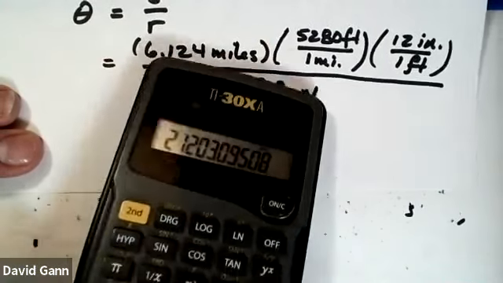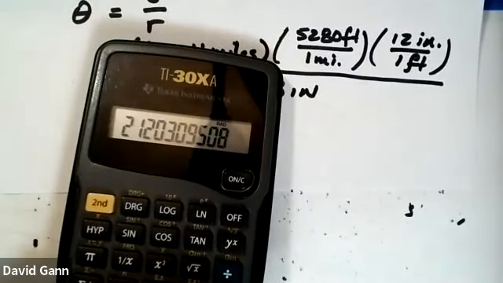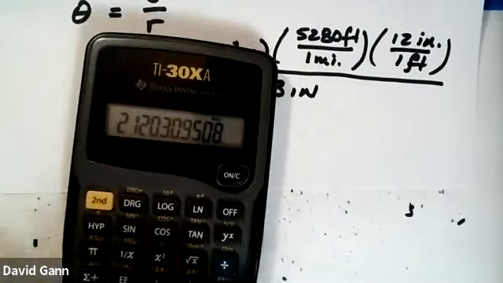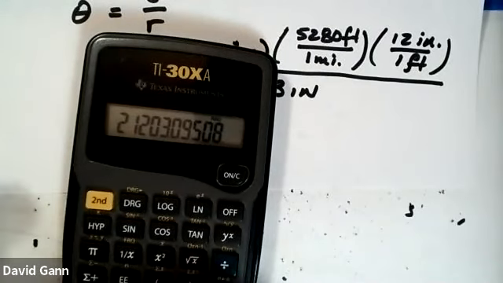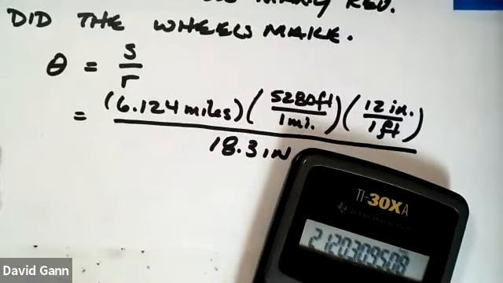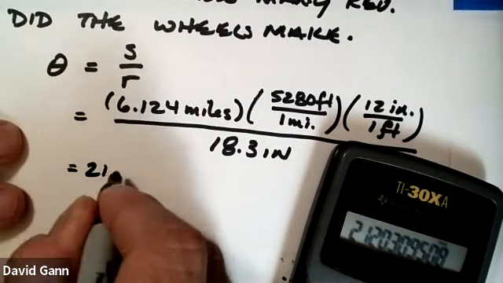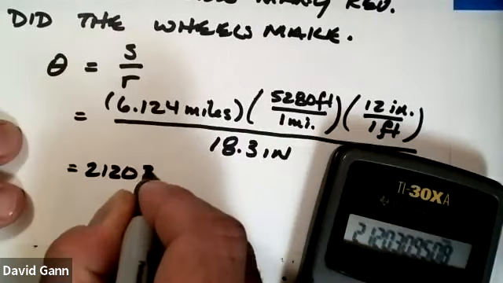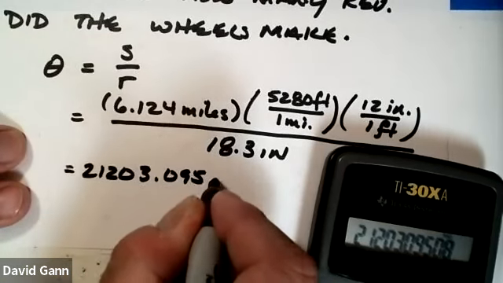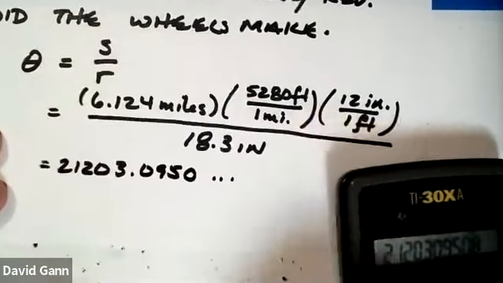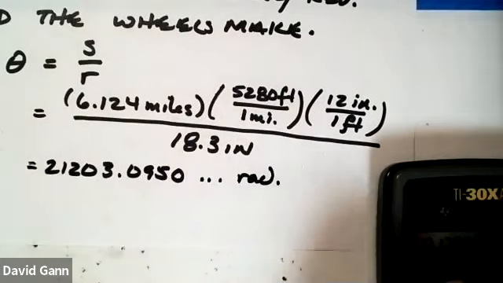And there's our number. It's a little hard to see, but the decimal point is in the 5th digit between that 3 and that 0. So the answer that we've got so far is 21203.0950 whatever. And remember, the units here are radians.